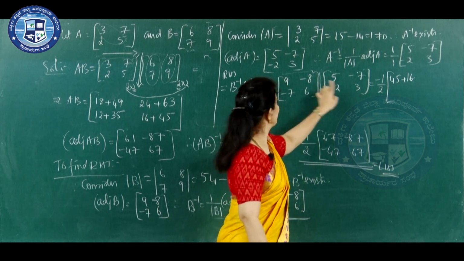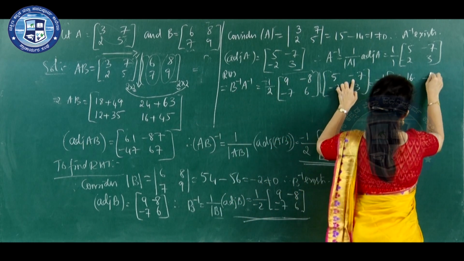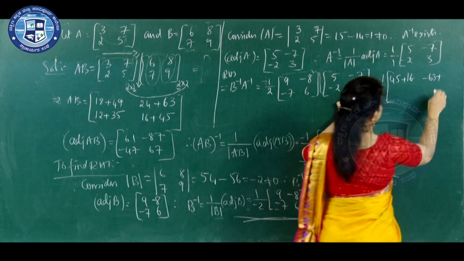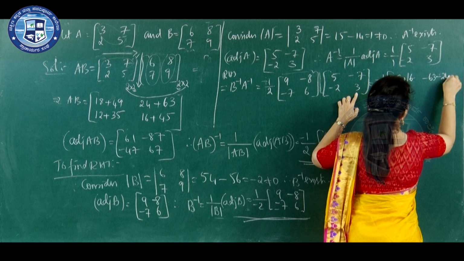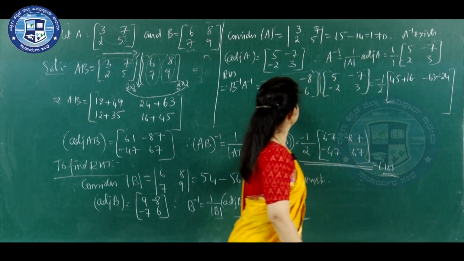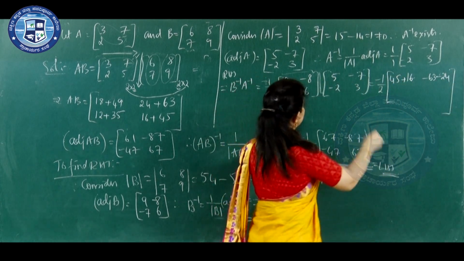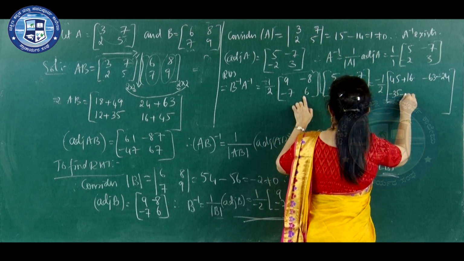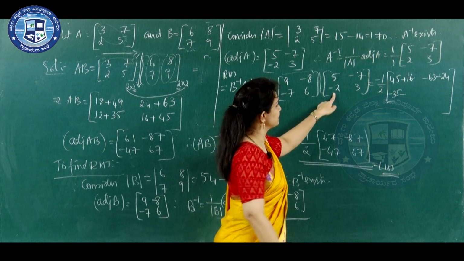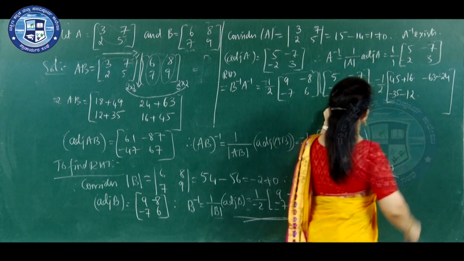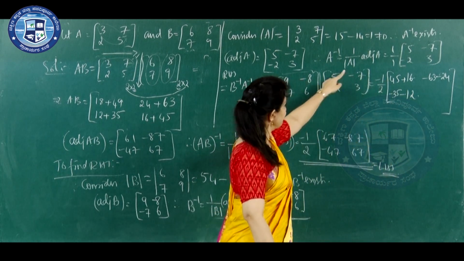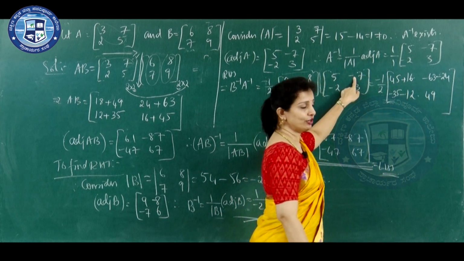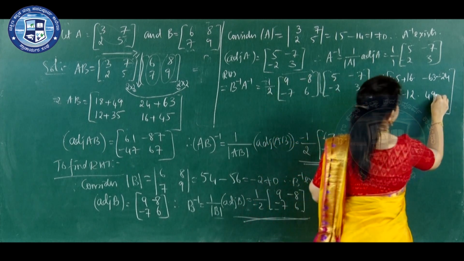First row multiplied by second column, 9 into 7, 63, minus 63, plus minus 8 into 3, minus 24. Second row multiplied by first column, minus 7 into 5, minus 35, minus 6 into minus 2 is plus 12. Finally, second row multiplied by second column, minus 7 into minus 7, 49, 6 into 3, plus 18.